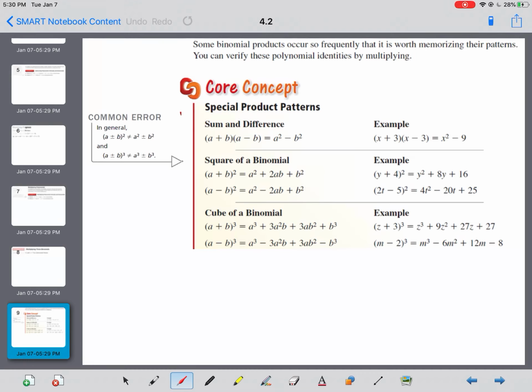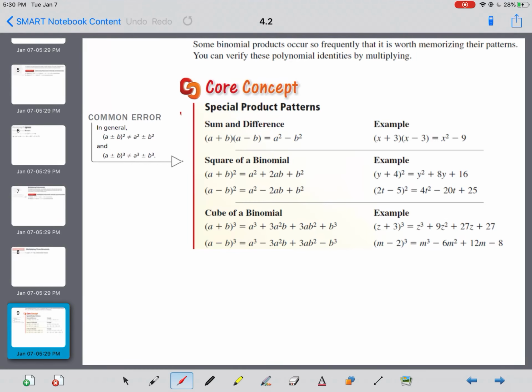Okay? So, one of them is called sum and difference. If you multiply a sum times a difference, the sum of two things times the difference of those two things, you get a squared minus b squared. We know this is the difference of squares pattern. We did it in reverse back with quadratics.